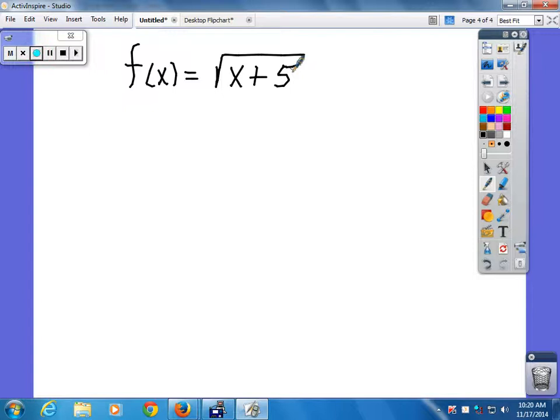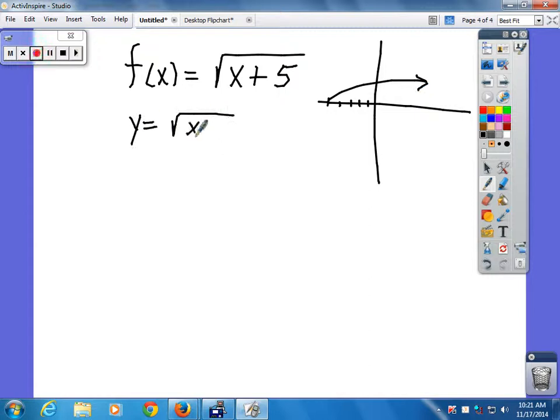All right, first of all, we know this is a graph and it looks... square root of x plus 5 means it's got a horizontal shift of 5 to the what? Left. It looks something like that. Now, y is equal to square root of x plus 5.